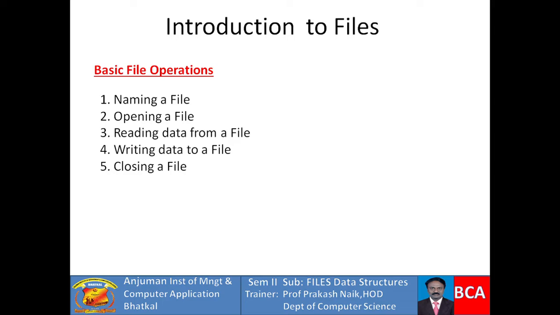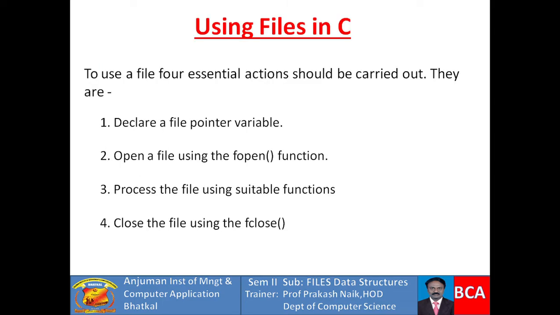When all the operations are over, the file needs to be closed so that it is cleared from the memory. This is called closing a file. Okay, fine. Now let us see how to use files in C. To use files, we need to use four essential operations.